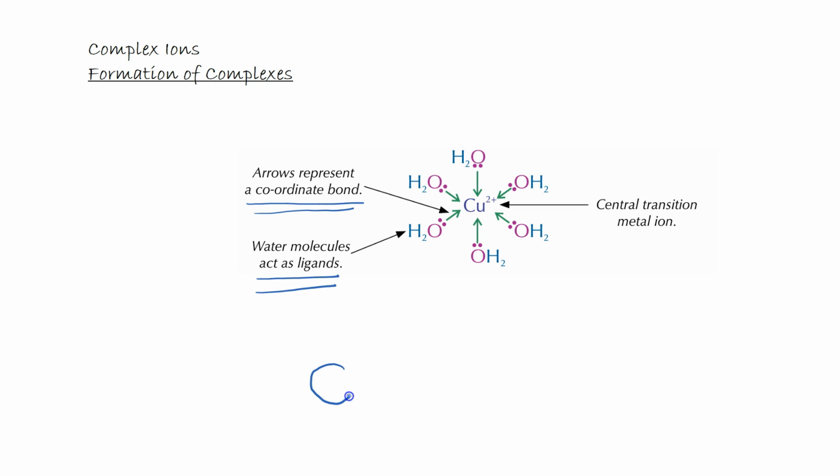We write the metal atom to start with, and then in brackets we put in the ligand. So in this case we've only got one type, so we simply write H2O. Next to it we write the number of ligands, and assuming we've got a charge, as we do here, we add in a square bracket around the formula and we put the charge on the outside.